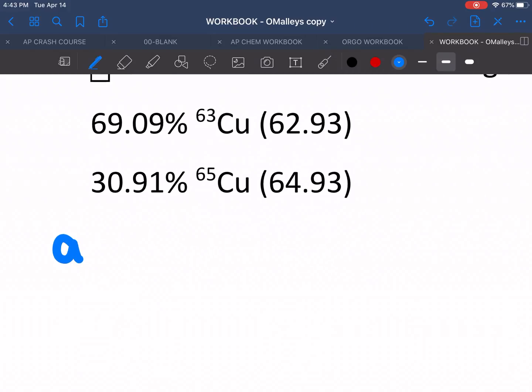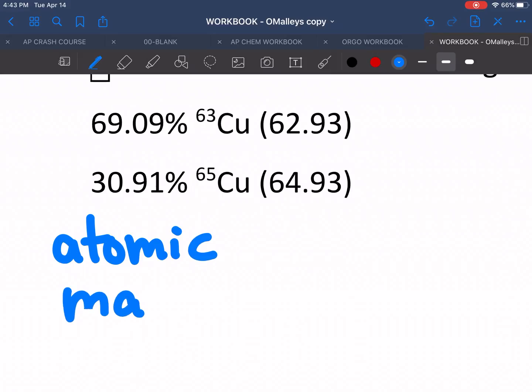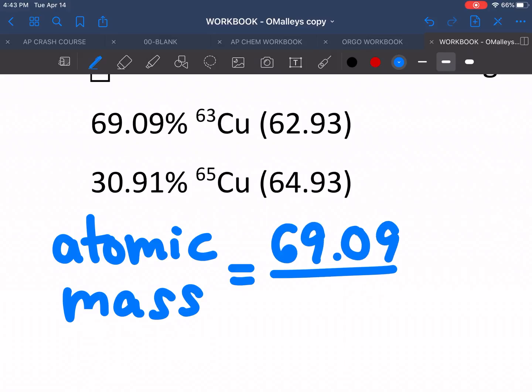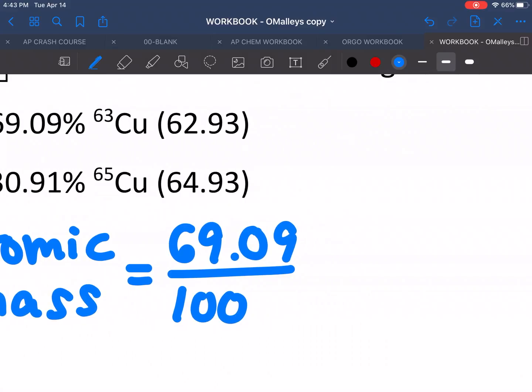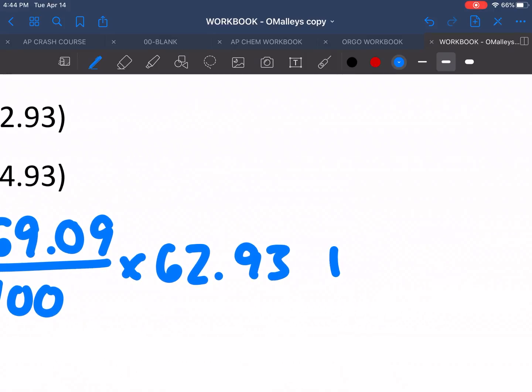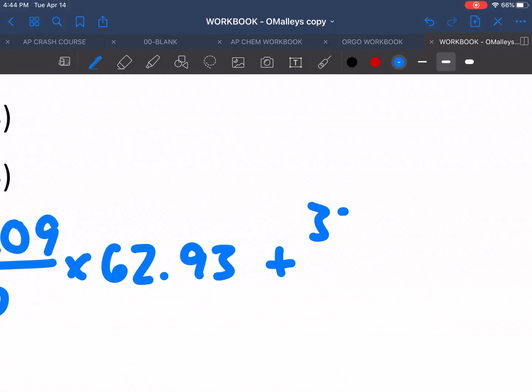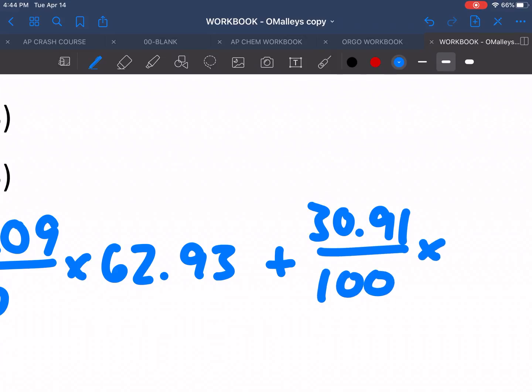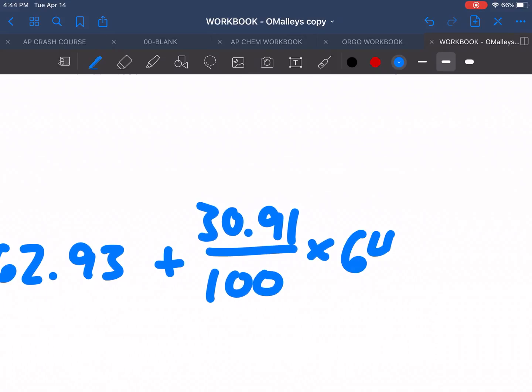So the atomic mass is the percentage of each isotope, so 69.09% of that 62.93 isotope, plus the other percentage, 30.91%, so I divide by 100, of the other isotope, 64.93.